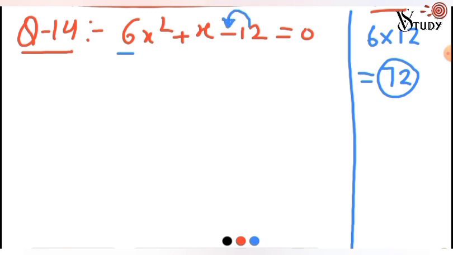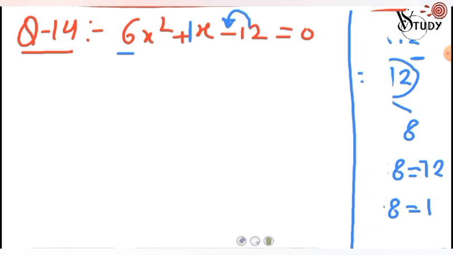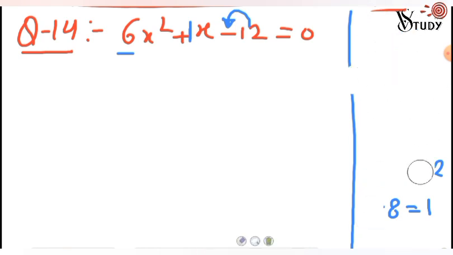The sign of the constant term here is negative, so we have to find two factors of 72 whose subtraction will equal 1, because at the place of b in this quadratic equation 1 is given. So we take 9 and 8, because when we multiply 9 and 8 we have 72 and the subtraction of 9 and 8 is equal to 1. So now, solving our question, let's use this basic strategy.